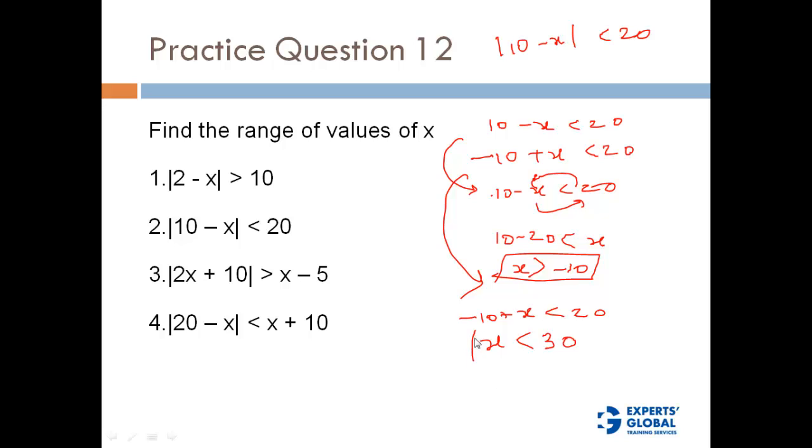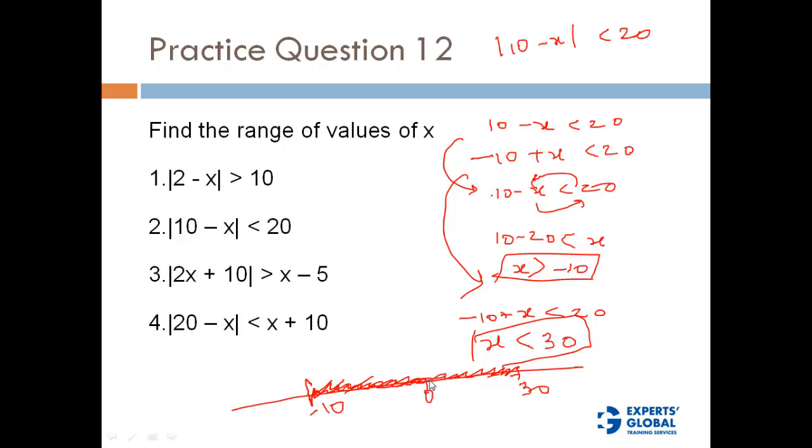Correct? So both these together, what are we talking about? We are talking about 0, 30 and minus 10. x greater than minus 10, so everything to the right of minus 10, and x less than 30. So anything between minus 10 and 30 is what we are looking for.